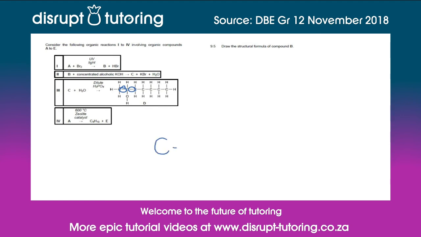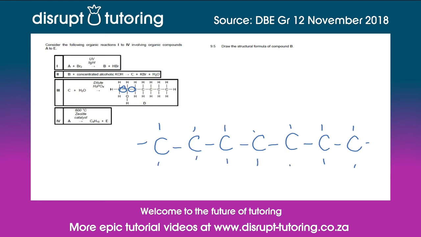So we can draw our 7 carbon atoms, and then we surround them with the hydrogens as usual. And then on C1, C2, or C3, we just have to add in the hydrogen and the bromine. So I'm going to choose carbon 1 and carbon 2 for adding the hydrogen and bromine, and then the rest of them are all hydrogen atoms.